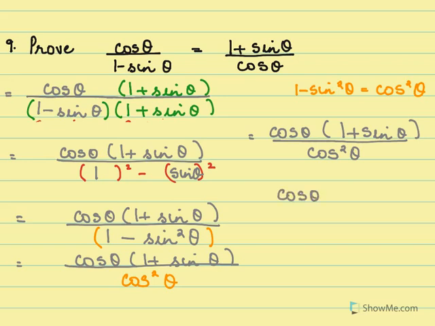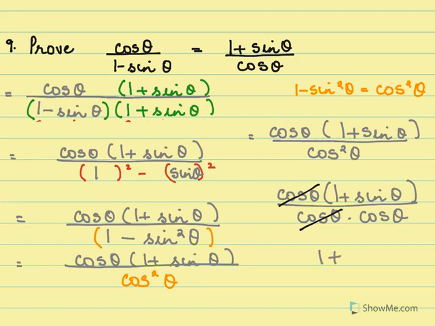Cos square is cos theta into cos theta, so I cancel this out. Now I'm left with 1 plus sin theta over cos theta, and I have proved the left hand side equal to the right hand side.